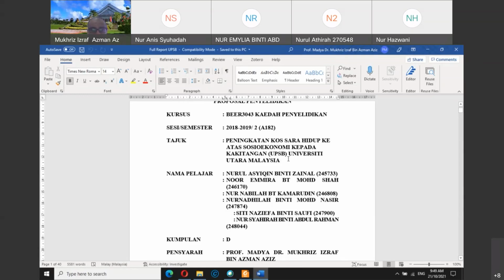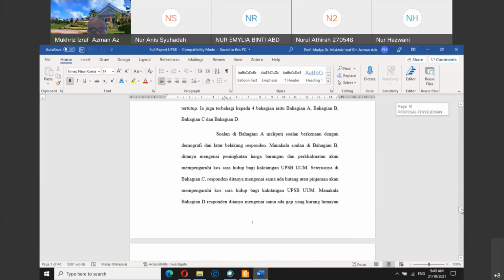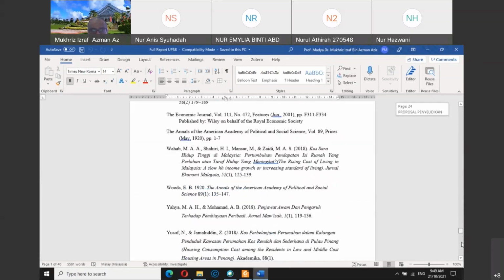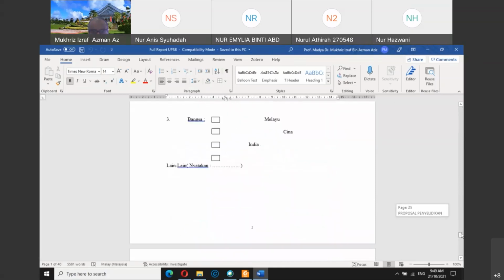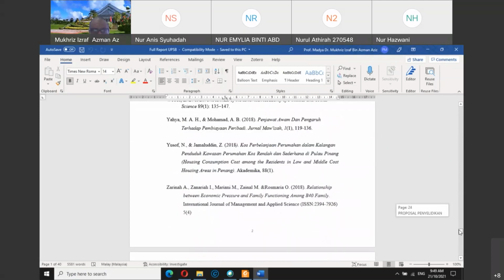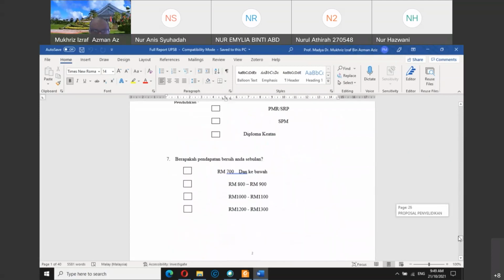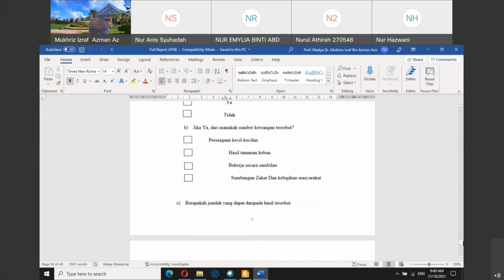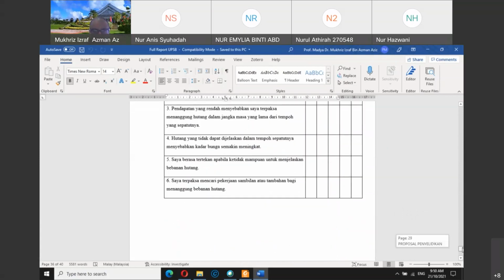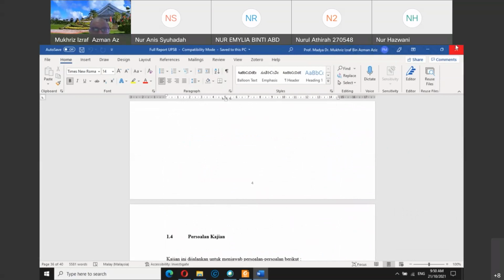Because of the small income they receive, they want to know the impact of the increase in the cost of living on these employees. The topic of cost of living is quite common. For the questionnaire, of course, they need to modify it and come up with their own set. So this is another topic that was done before.